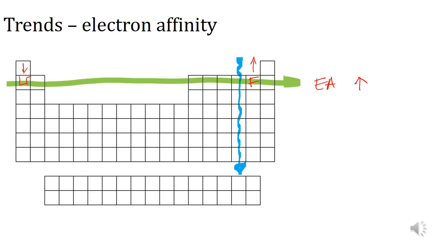If you're just grabbing onto it with your fingertips, it's a lot harder than if it's close to your body. The same thing goes with electron affinity. As we move down a group, because that outer shell is further away, it's harder for the electron to be grabbed by the attractive power of that nucleus.